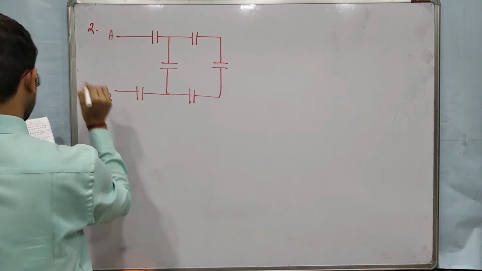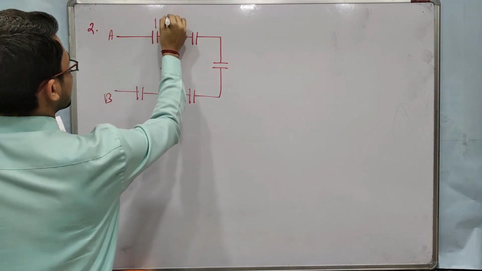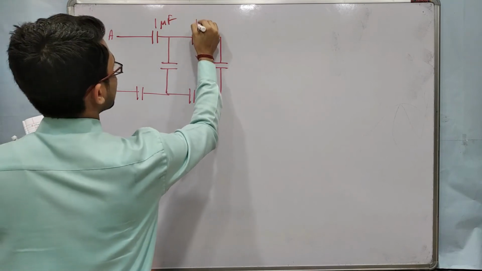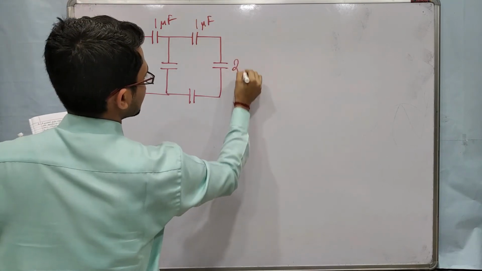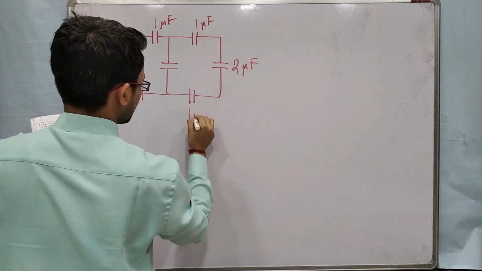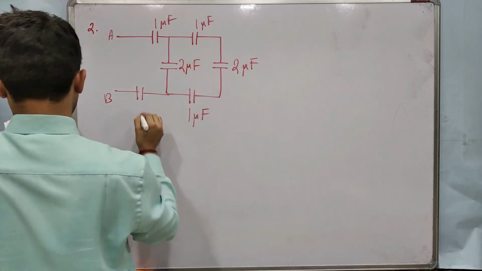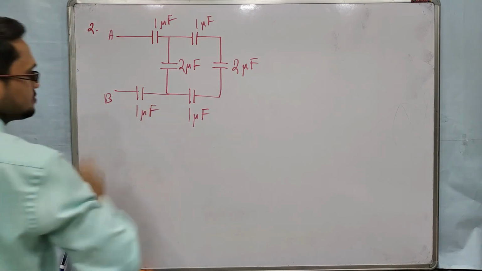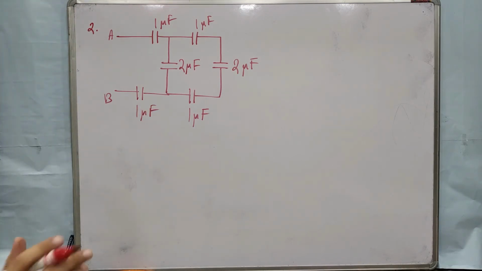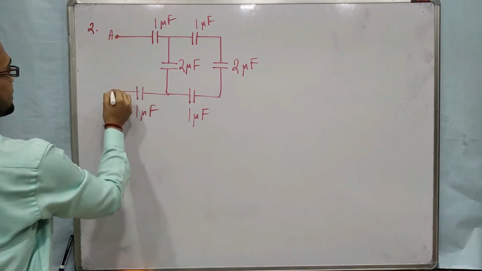These are the 2 points A, B. This is 1 microfarad, 1 microfarad, 2 microfarad, 1 microfarad, 2 microfarad, and this is 1 microfarad. Okay, so you have to find the equivalent capacitance across these 2 points A, B.